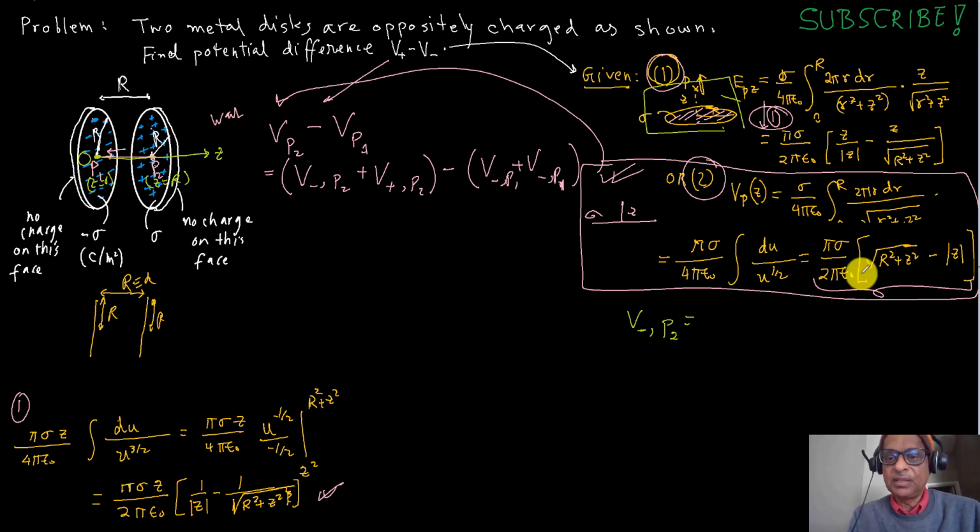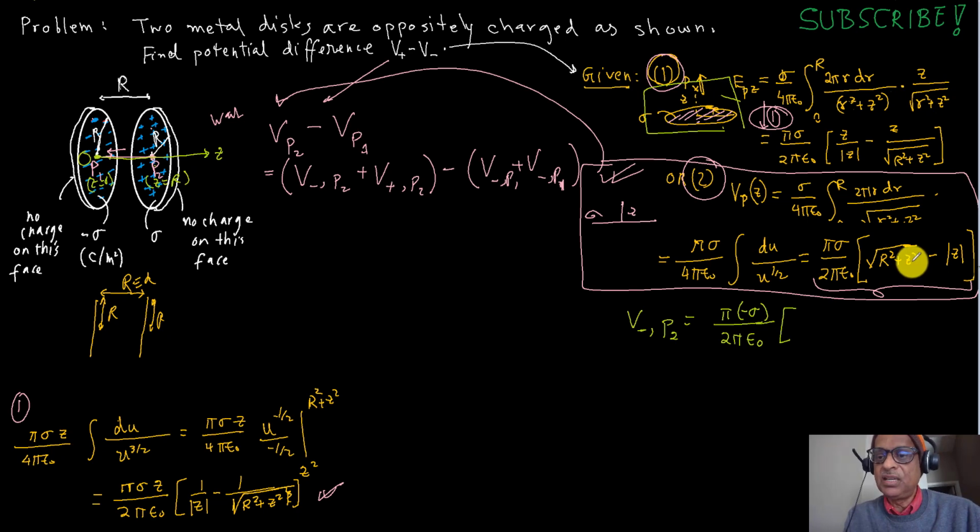I just set sigma to minus sigma because I'm looking for the negative plate. So this is pi times minus sigma. Hopefully I've done this correctly. I didn't double check or anything. Just let's assume this is correct. You may want to check this answer.